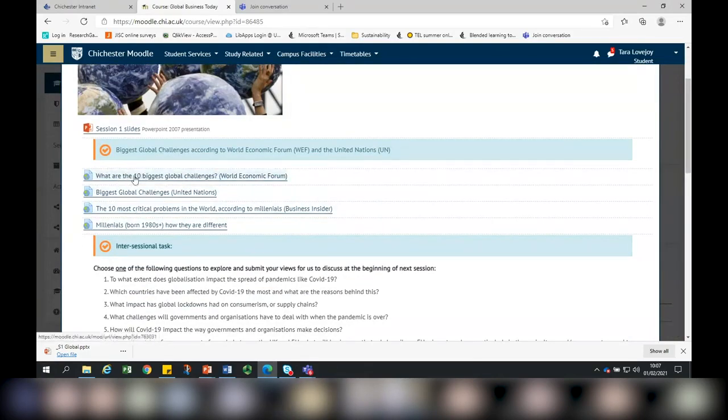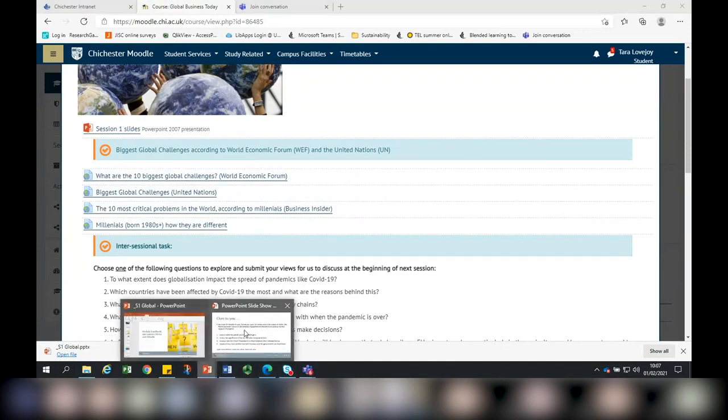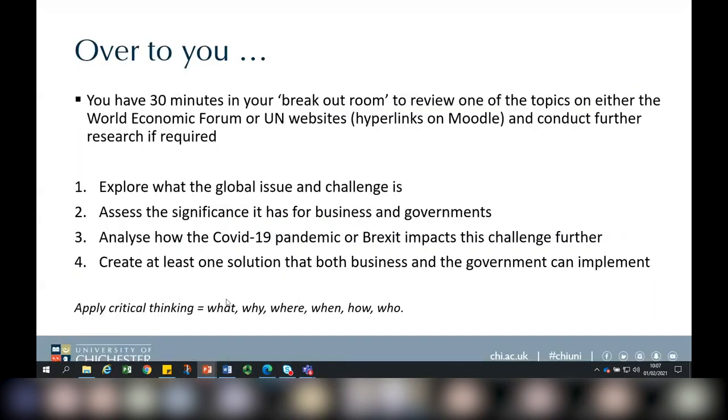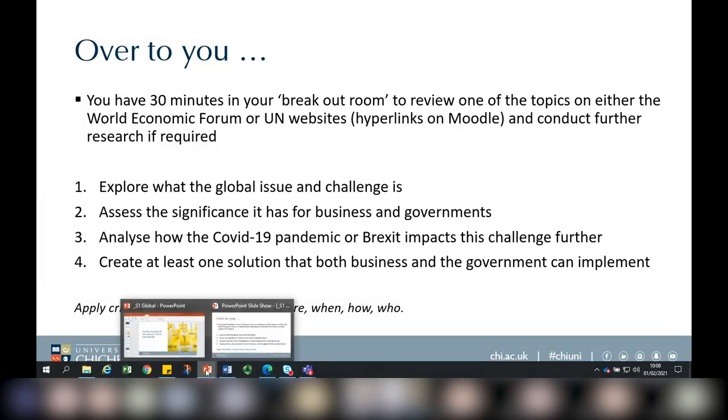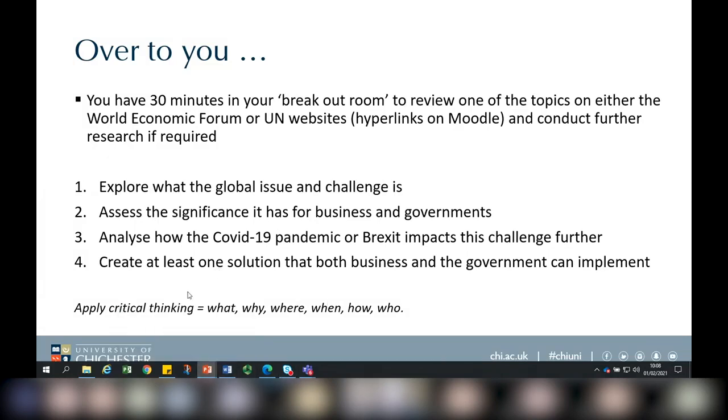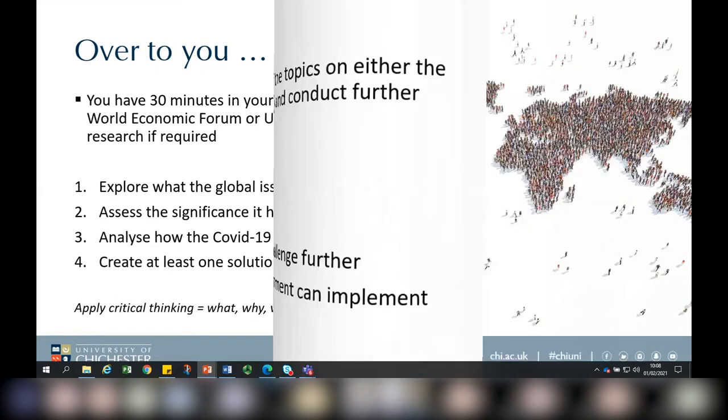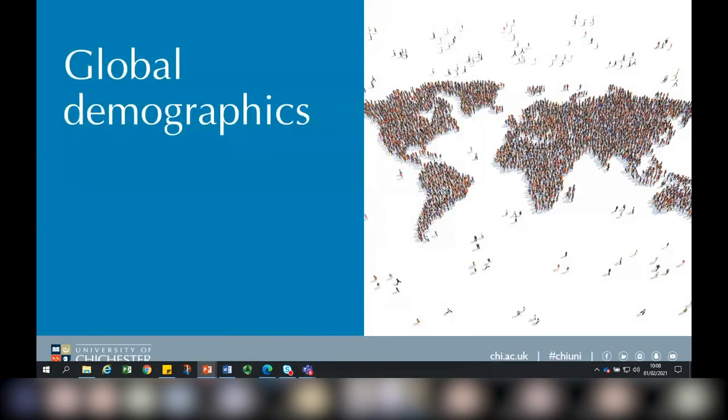If you're interested, have a look through there and start thinking critically about what the issue is, what the significance is, and start thinking about some solutions that you have in your mind. Now, this is optional, not mandatory, but if you're interested in the topic, have a look online and start reading around it. Okay, so any questions or comments?